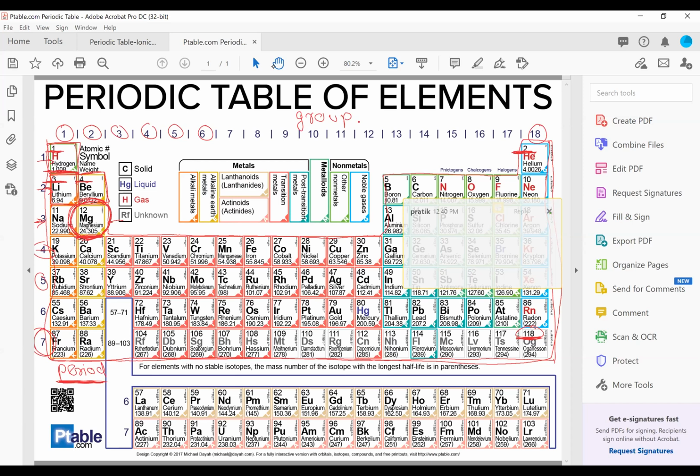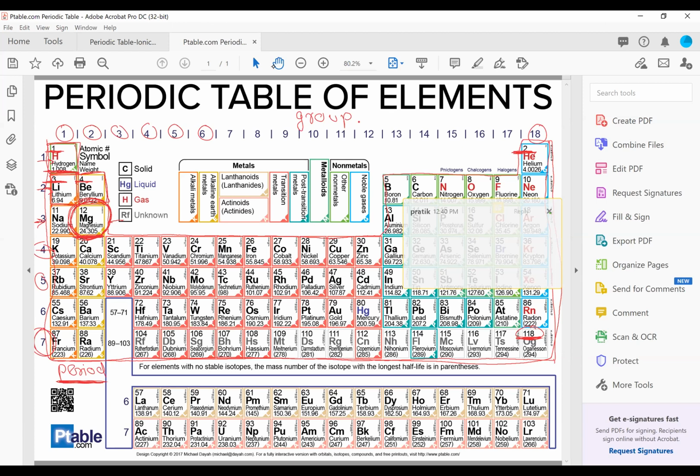What number do you have at the bottom? The number at the bottom of each box has a decimal place in it. Let's focus on box number 12 that we talked about earlier. There is a number which says 24.305. That number is called the mass number.